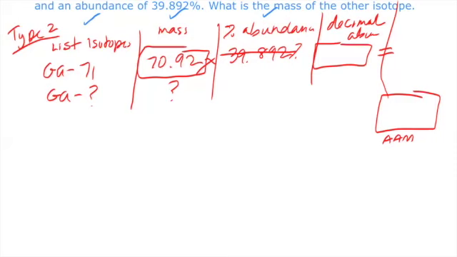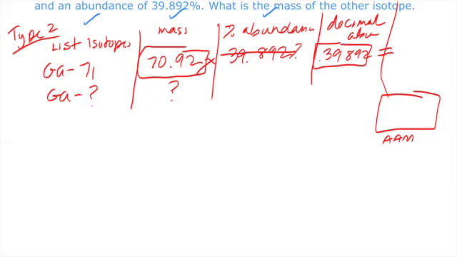Well, this problem is a little different because it looks like we really don't have much information at all. So we know the mass of the first isotope, and we know its percent abundance, which we can convert into a decimal, 0.39892. Is there anything that you can think of that we can figure out about the second isotope to help us fill in this chart? Remember that if there are only two isotopes and one makes up about 40%, what does that tell you about the other isotope?